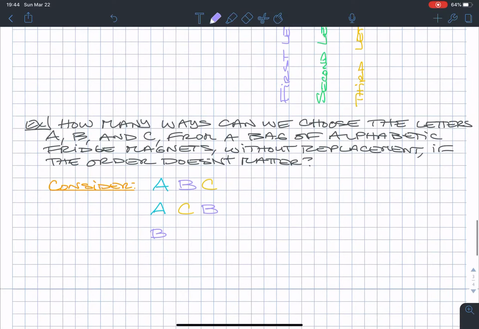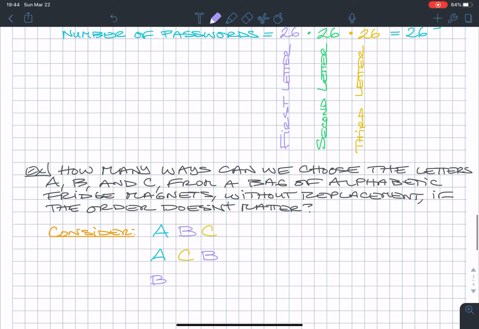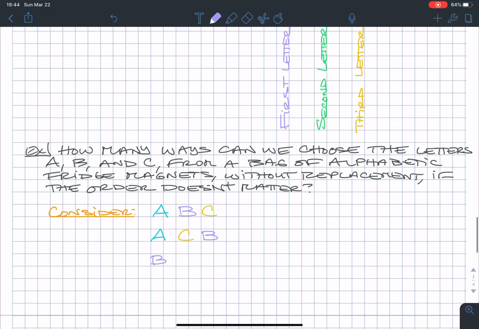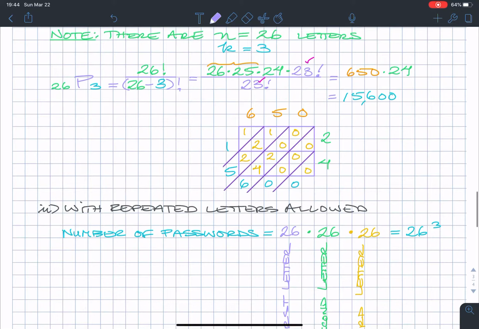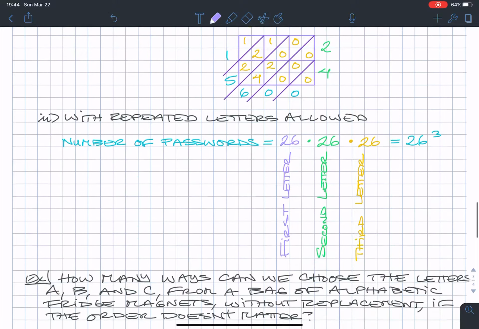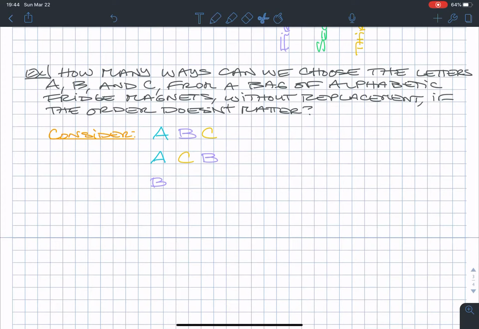Oh, do I have enough room? One line. Is there any way I can get one more line? Oh, I guess not. Okay. Well then, let me not put a space between them.